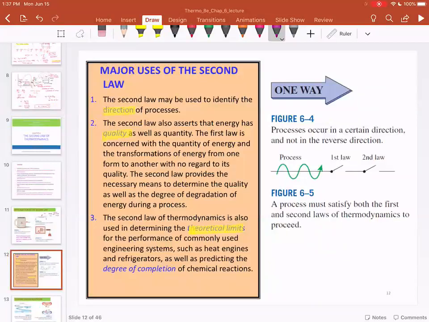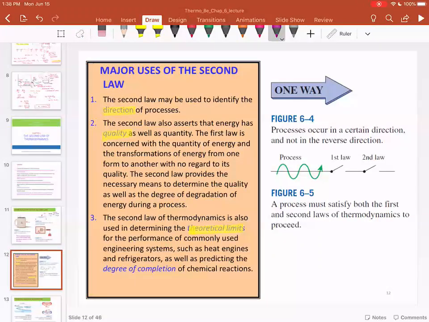We looked at this briefly in last class. So what are the major applications of the second law of thermodynamics? Second law of thermodynamics talks about the direction. It talks about the quality and quantity. Unlike first law, where the first law is only concerned with the quantity, second law talks about the quality.